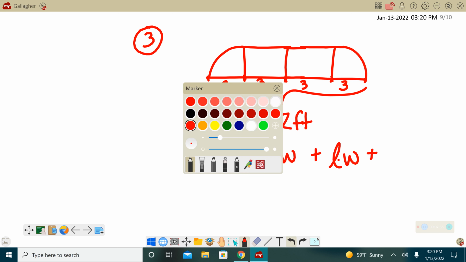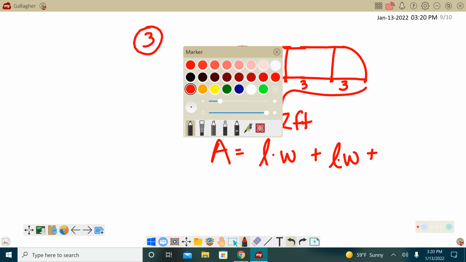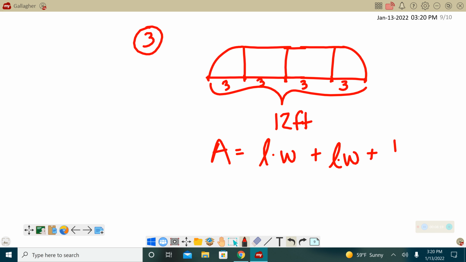But if I take one quarter circle and I add it with another quarter circle, when I put those together, I get a half of a circle. So I just need the area of half of a circle. So I'm going to do half of pi times radius squared.